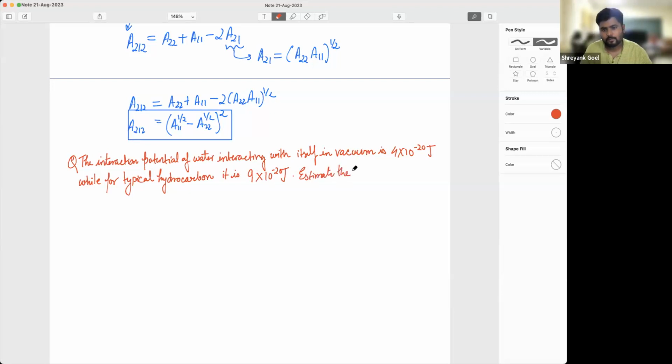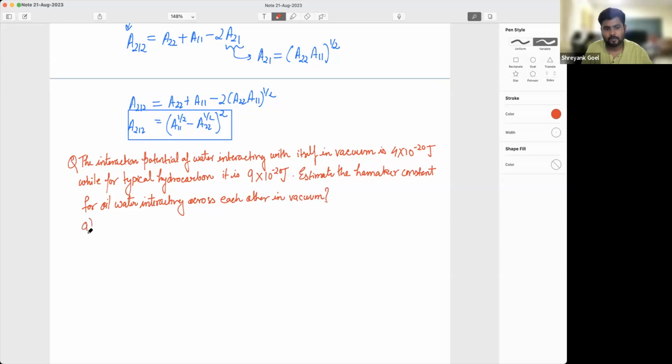Estimate the Hamaker constant for oil and water interacting across each other in vacuum.